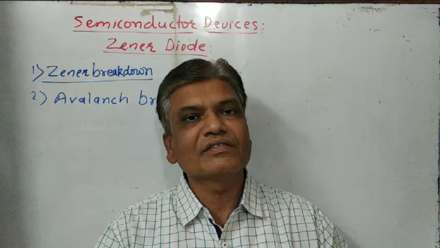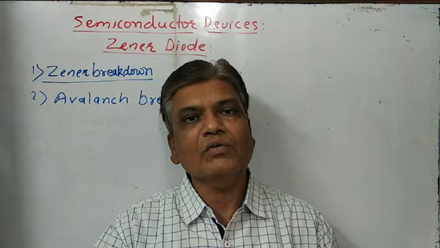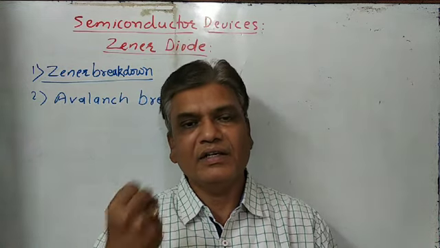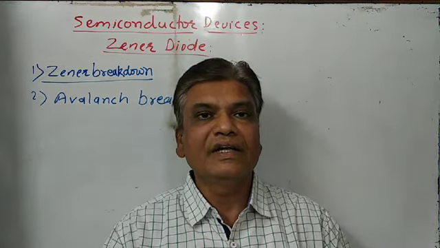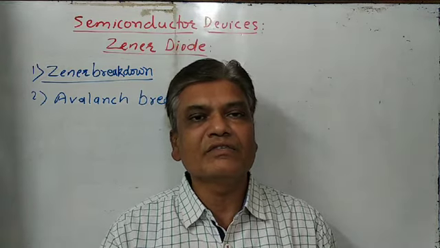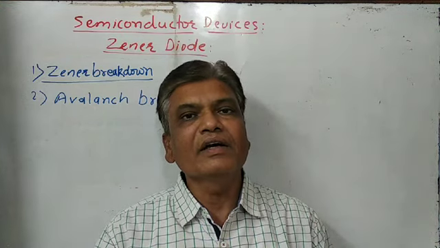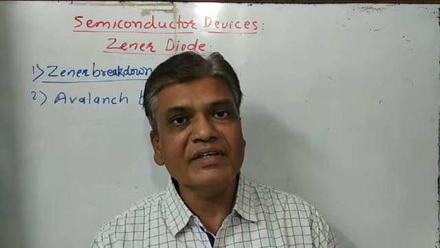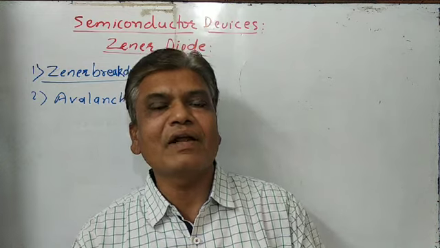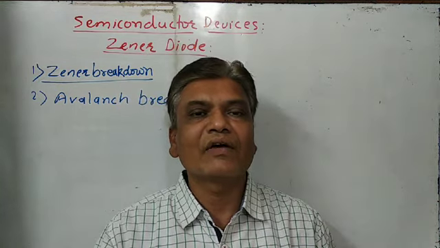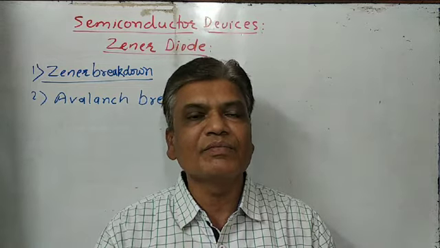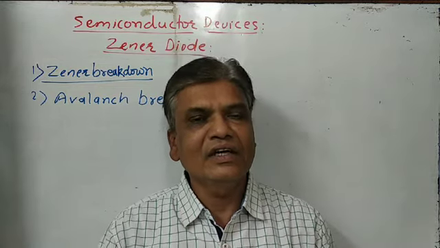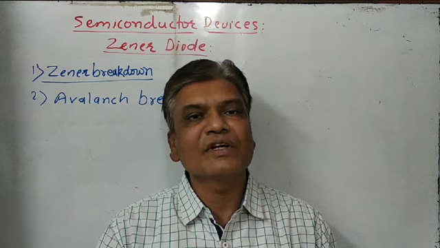One electron collides with another and ejects it from the covalent bond, increasing the number of electrons. In this way, carrier multiplication takes place. That is called the avalanche process or avalanche breakdown. It means the number of electrons increases due to collision.